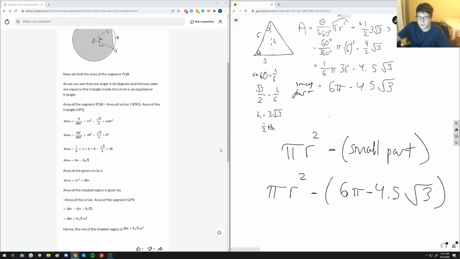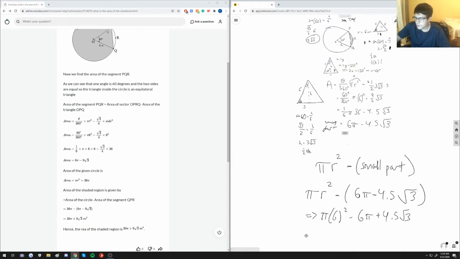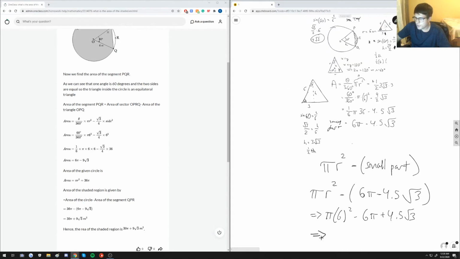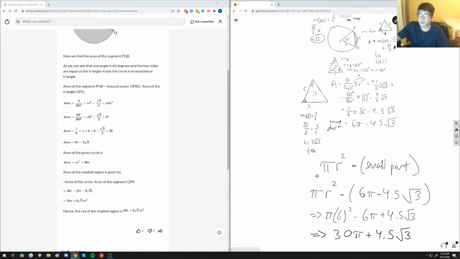Alright, so in this case we can evaluate it to be pi times 6 squared minus 6 pi and then plus 4.5 root 3. And then we would find it to be, this is 36 pi, so we'd get 30 pi plus 4.5 root 3. Okay, and obviously because we're talking about meters here and we're talking about area, we should have meters squared in the answer.